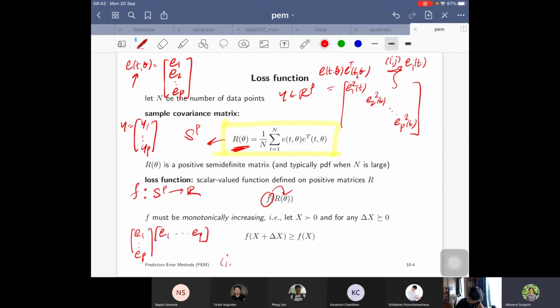If I ask for the ij entry, you look at the ith row: E_i times E_j. Yes. This matrix, we know it's guaranteed to be positive semi-definite, right?